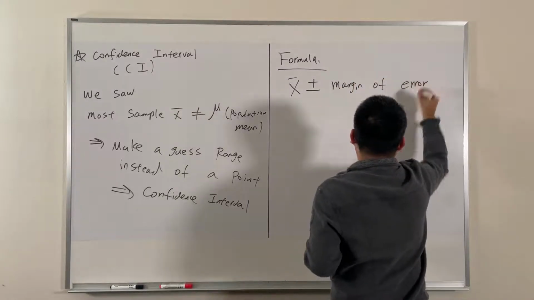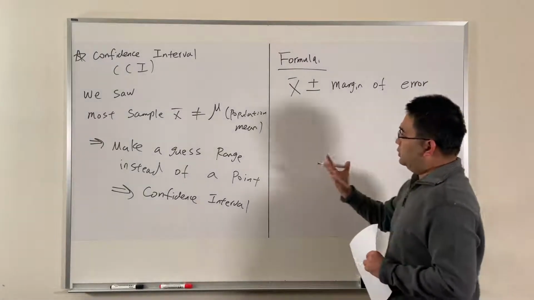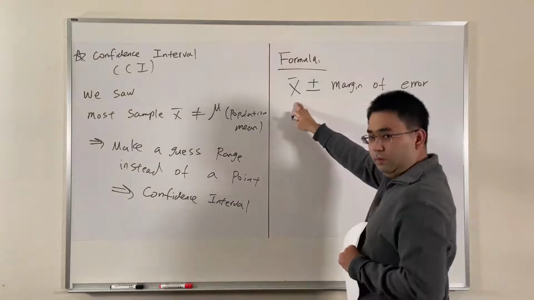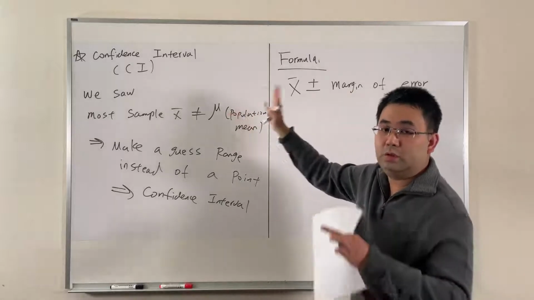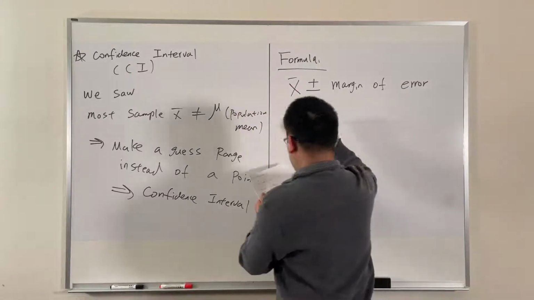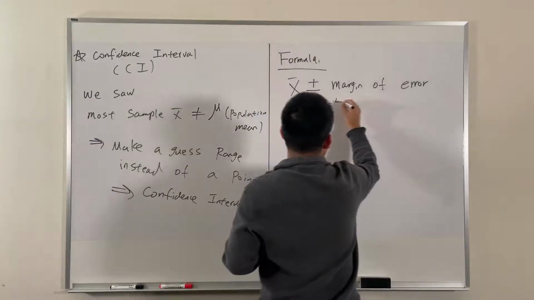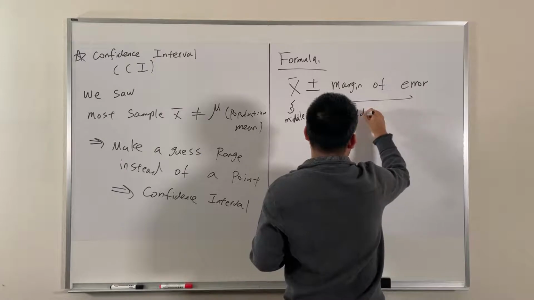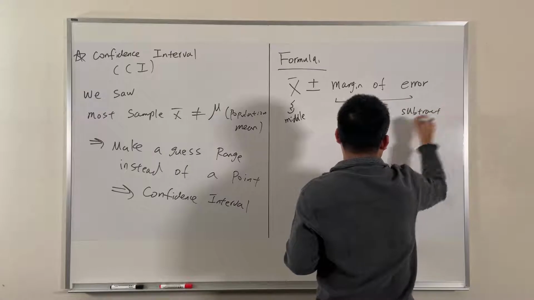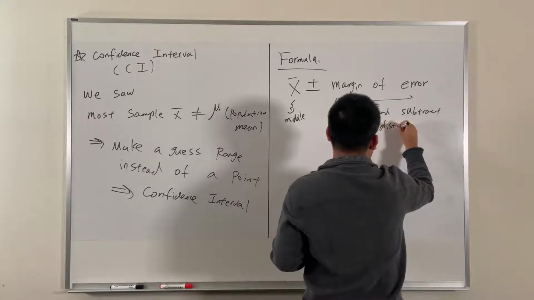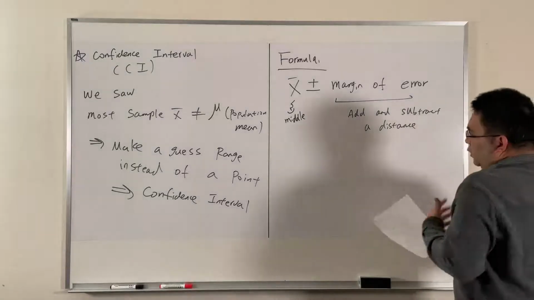If you try to interpret this formula, we use our sample mean as the middle, and then we add a distance and subtract a distance to make a range.